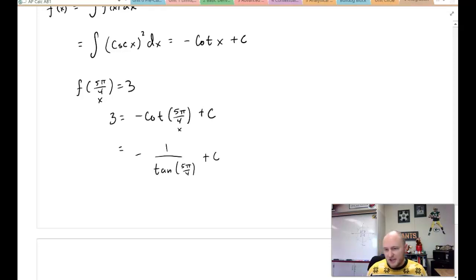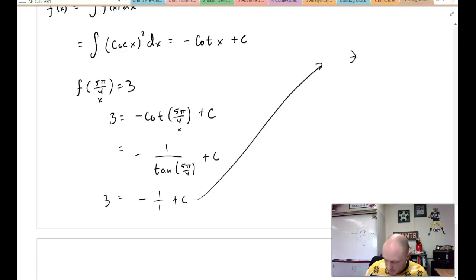And then tangent of 5 pi over 4, that's in quadrant 3, that is 1. So negative 1 over 1 plus c is equal to 3. So 3 is equal to negative 1 plus c. Solving for c, we'll add 1 to both sides, and we get c is equal to 4.